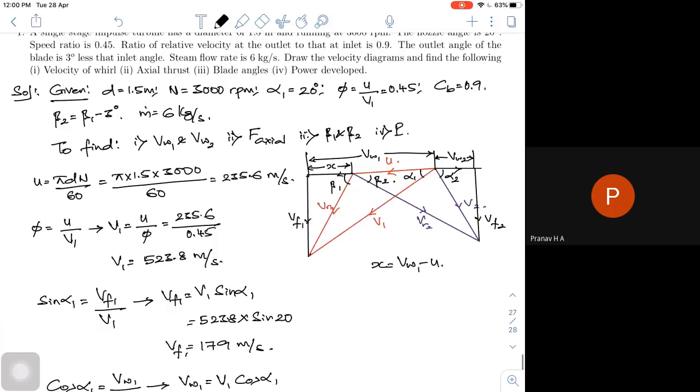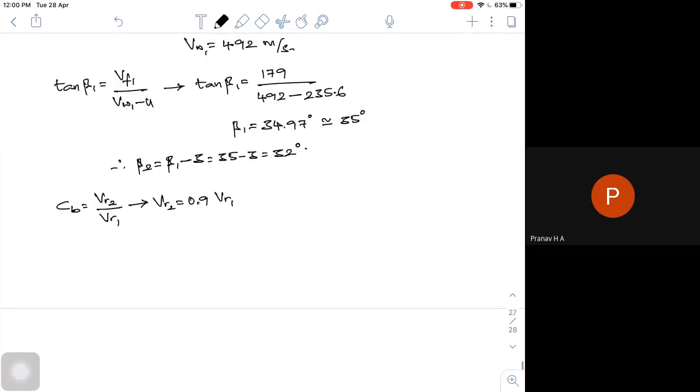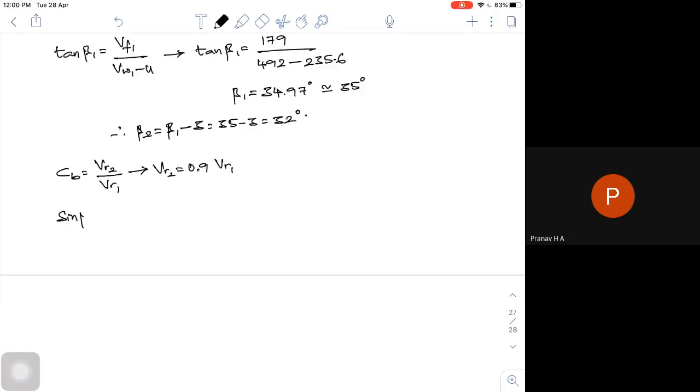Sine beta 1 is equal to Vf1 divided by VR1. If I do that, I'll be getting the VR1. So from the velocity triangle, VR1 is equal to Vf1 divided by sine beta 1.